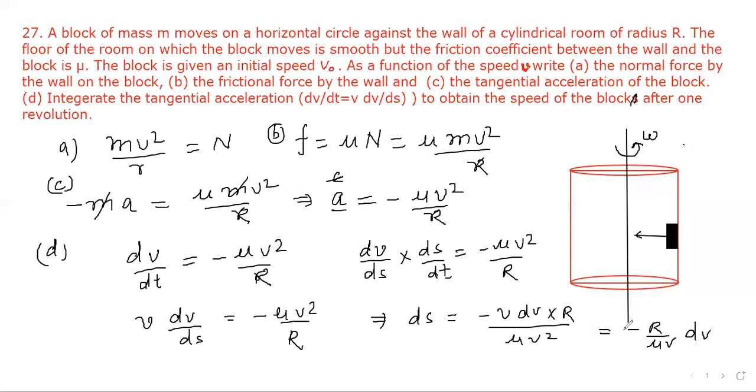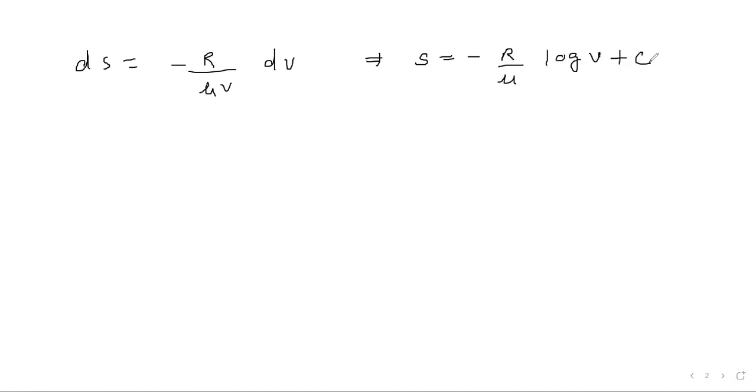Now we can integrate it. So we have ds equal to minus r upon mu v dv. If we integrate it, it will become s equal to minus r upon mu times log v plus c.